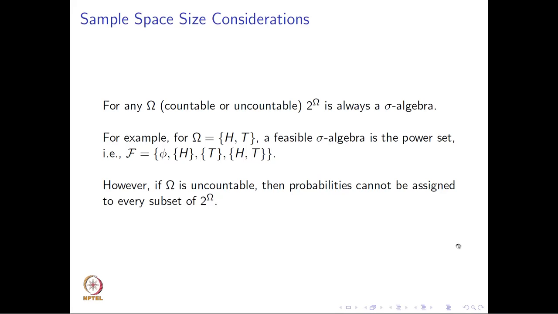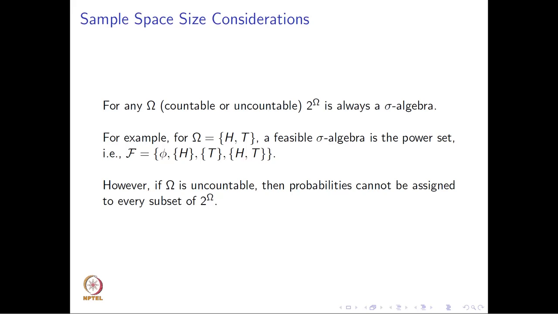So, just to recap, if the sample space is finite or countable, then we can ignore the concept of sigma algebra, because in such a scenario we can consider all possible events, that is the power set of the sample space, and meaningfully apply probabilities to each of these events. However, this cannot be done when the sample space is uncountable. That is, if omega is uncountable, then probabilities cannot be assigned to every subset of omega.